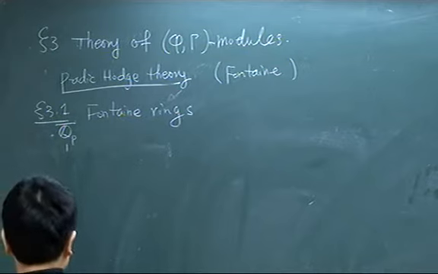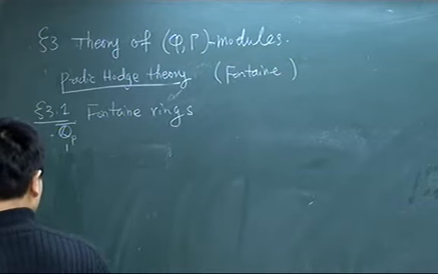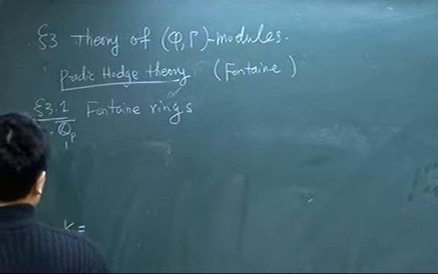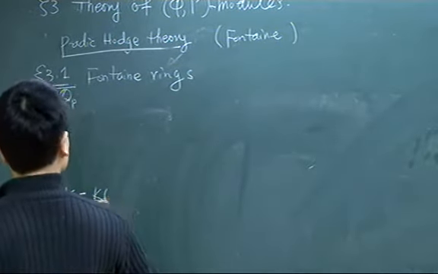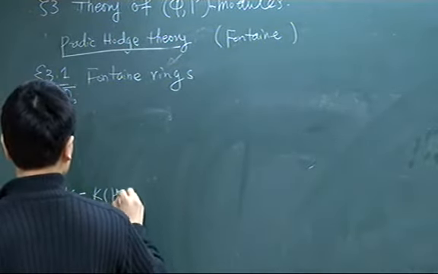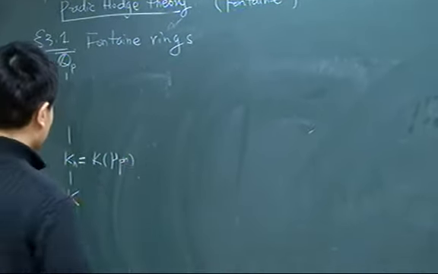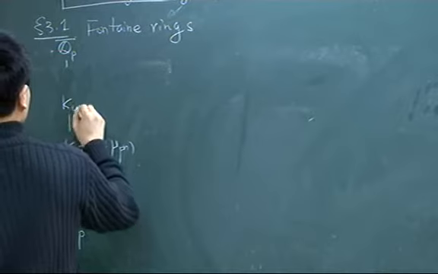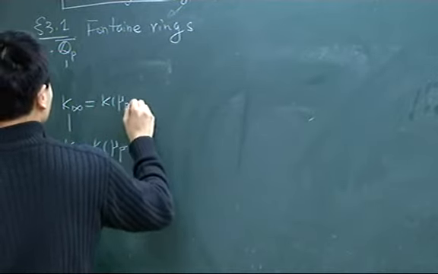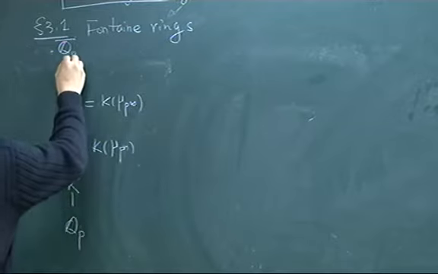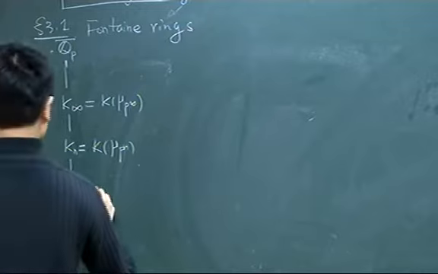So we have Q_p, we have K, and we have some K_n. K_n is just K(mu_{p^n}). Then we have this K_infinity, which is K(mu_{p^infinity}), and then this is Q bar. This part is finite.